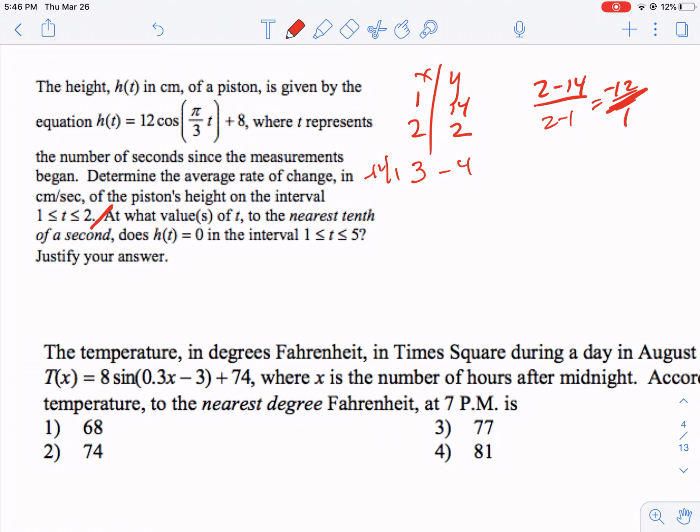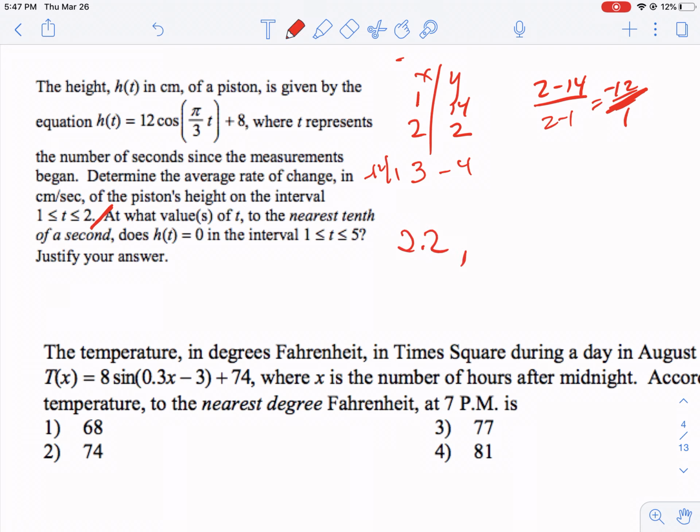And so I'm going to use my graphing calculator trick, where I go second trace, number 2 for zeros, and it's asking for a left bound, so I move my cursor close to it, hit enter, move past it, hit enter, and the 0 comes out to be 2.2 to the nearest tenth.